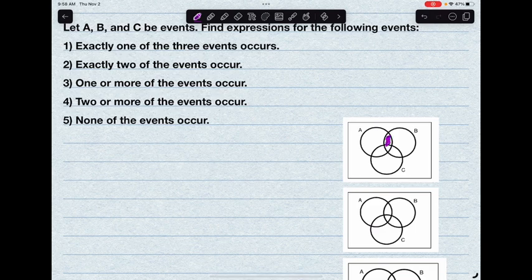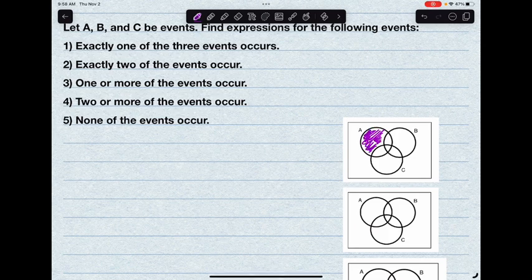Here is part of A and B, so when an element here occurs, both A and B occur. And what about here? For this part, all three occur at the same time, so it's not what we're looking for. So what is the answer? The answer is where exactly one of them occurs, so that's going to be here.